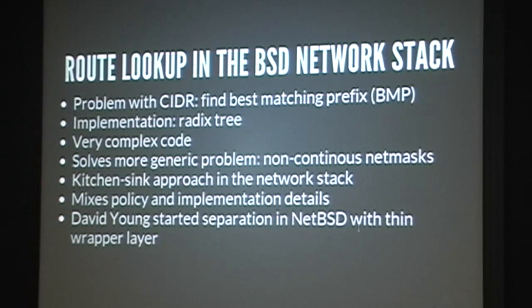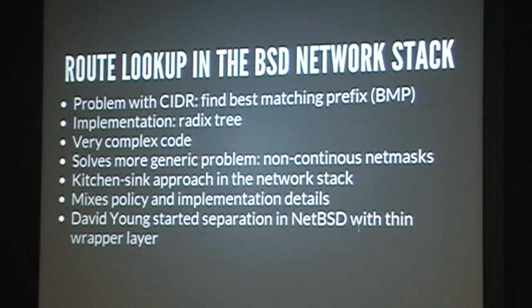The biggest problem with anything that tries to touch the route lookup is that the radix tree implementation is not only the data structure, it also contains a lot of policy choices.